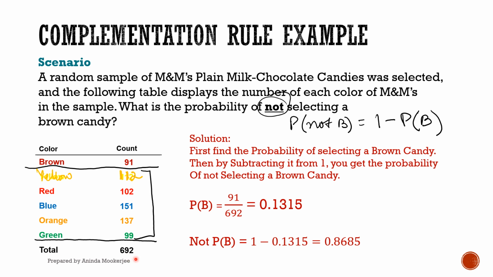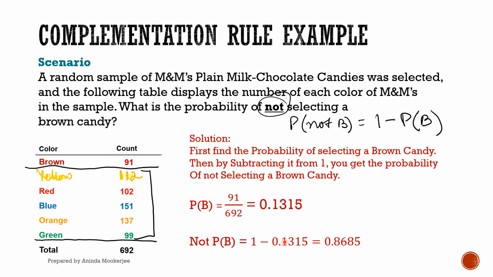So using f over n, the probability of B is 91 over 692, which comes to a value of 0.1315. So if this is the probability of selecting a brown candy, then the probability of not selecting a brown candy is 1 minus 0.1315, which is equal to 0.8685.